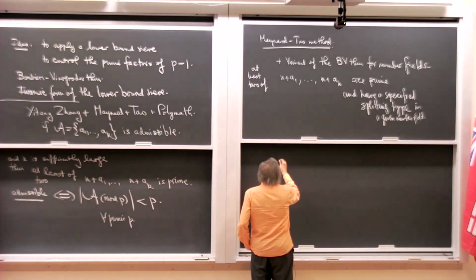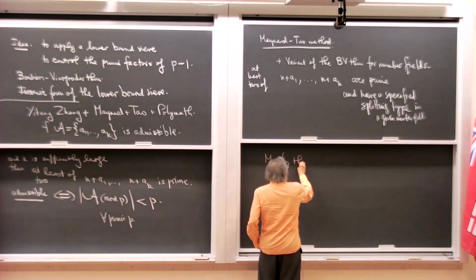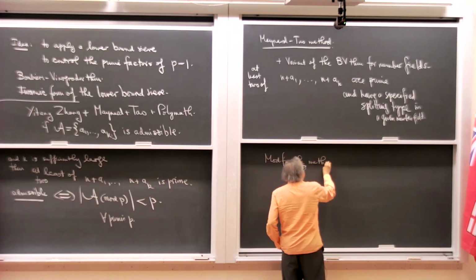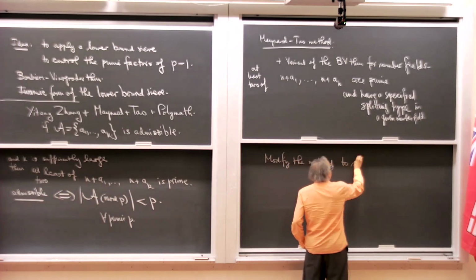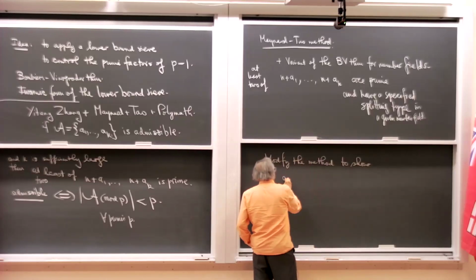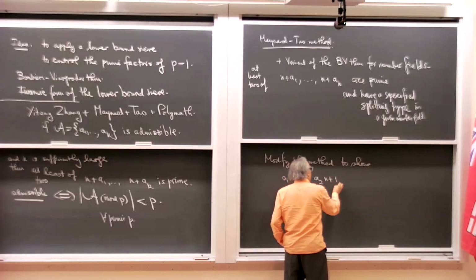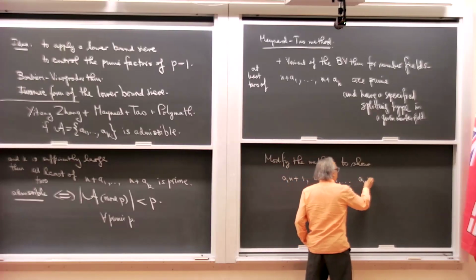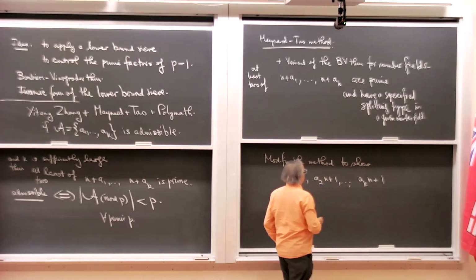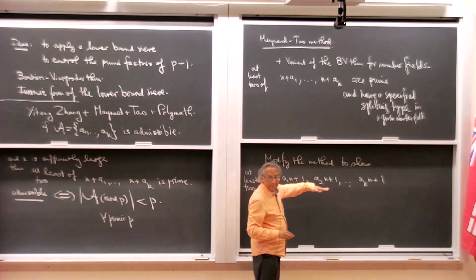Anyway, one can modify the method to show that of a1 n plus 1, a2 n plus 1, ..., ak n plus 1, at least two of these numbers are prime.